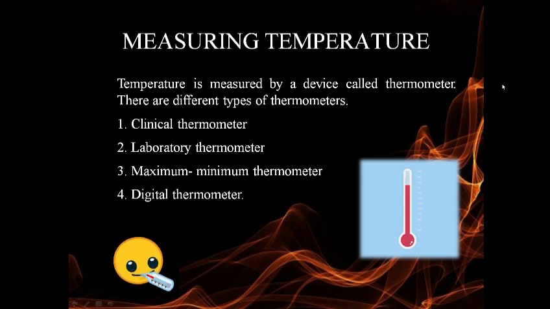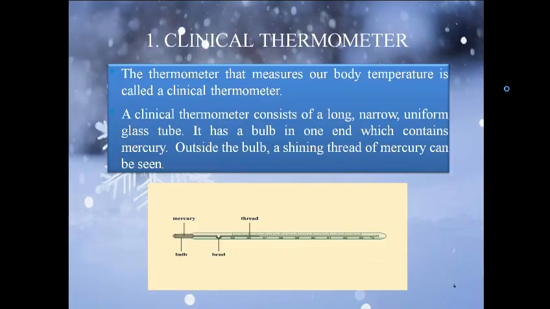Okay, so as the name suggests, the clinical thermometer is the device which is clinically used by medical professionals to measure temperature. Okay, so इस device में basically there is a bulb and a U bend and a long tube which is filled with mercury. As we all know, as the mercury is heated, it expands. It expands uniformly.